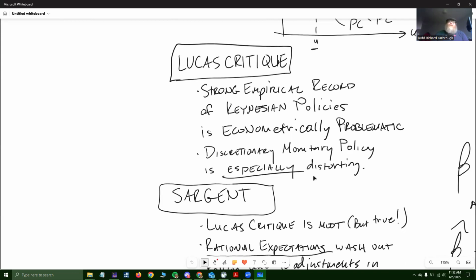Luckily for economics as well as Phillips, while Lucas was very sound in his econometric arguments against the initial estimations of the Phillips curve, we would find out later on, interestingly enough by someone who was initially in Lucas's camp, Thomas Sargent.